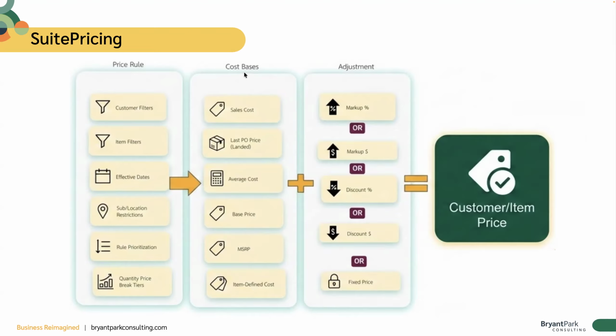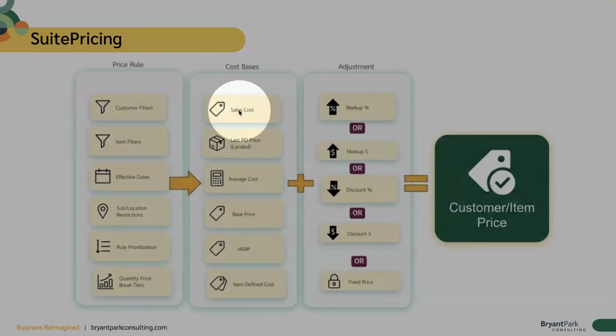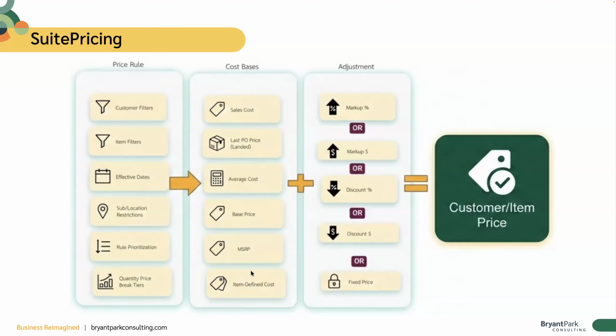The price rule includes a cost basis, which might be the sales cost we just discussed, but could also be any number of additional cost bases. And then to that cost basis, do an adjustment, either a markup or a discount.